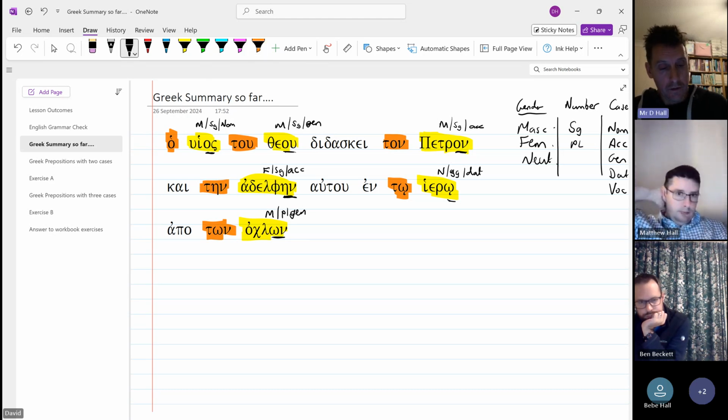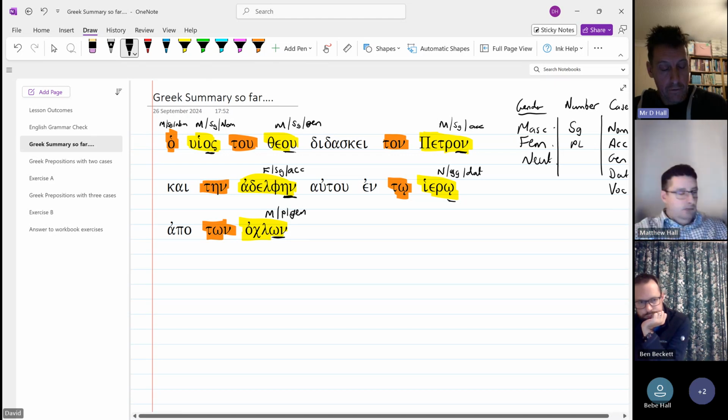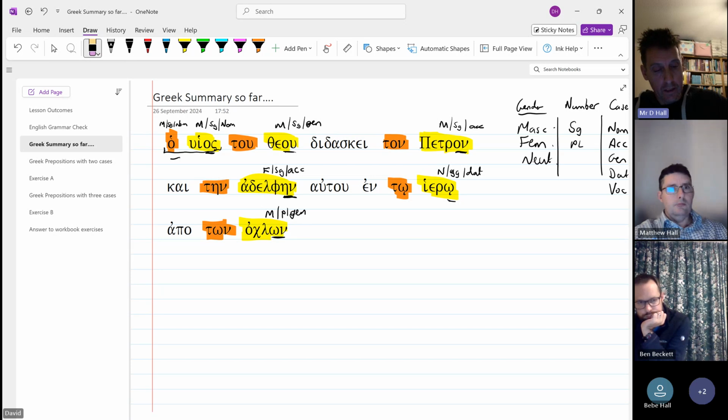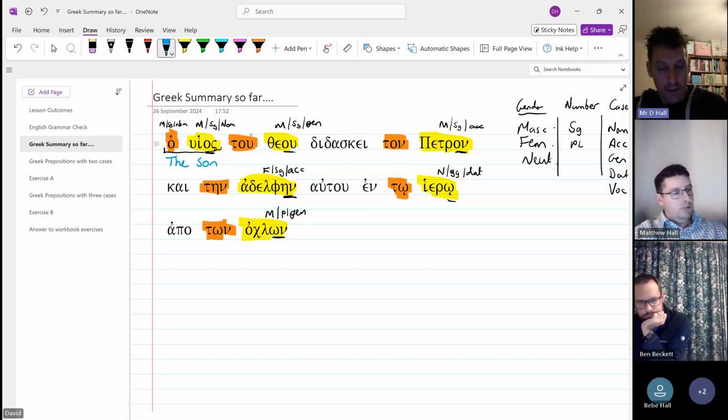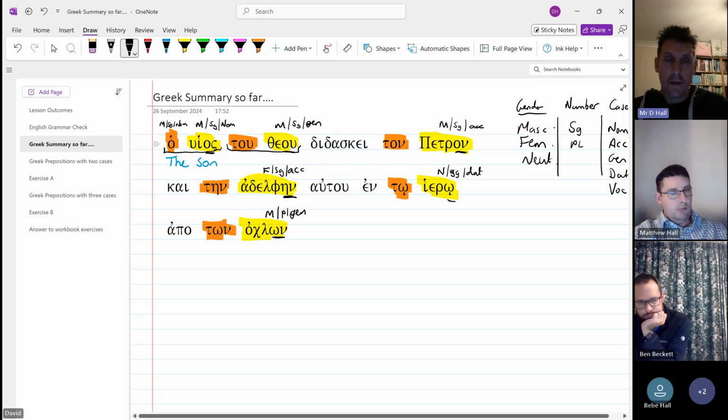So, unsurprisingly, we find that this is the masculine singular nominative of the article, and these two go together, which means the sun, which I might write in a different color actually. This is going to get a bit messy. So the sun. And I'm not going to write them all above each other, but this one here, tou Theou, is going to agree with the word that follows it, generally speaking, but not always.